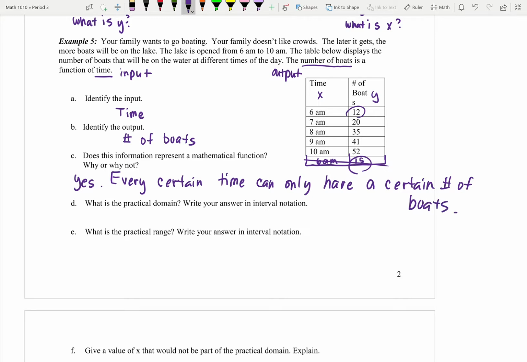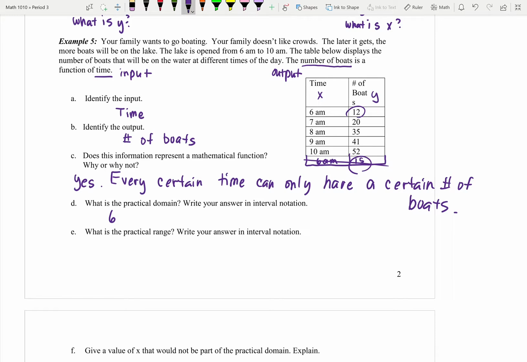That's perfect. Okay, what is the practical domain? Now, this is tricky. No, it's not tricky. The domain is x. What's the first time you can get there? 6. Could you get there right at 6? Somebody tell me. Yes. So should I close it with a parenthesis or with a bracket?